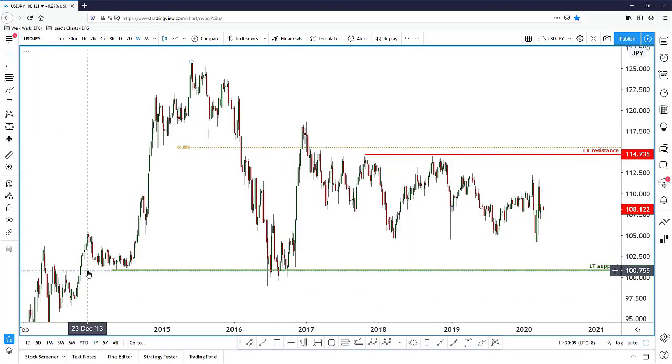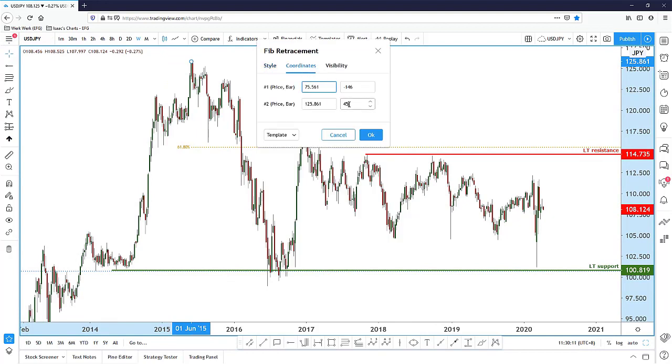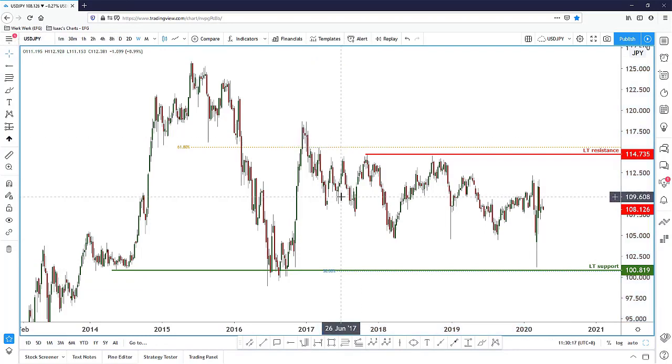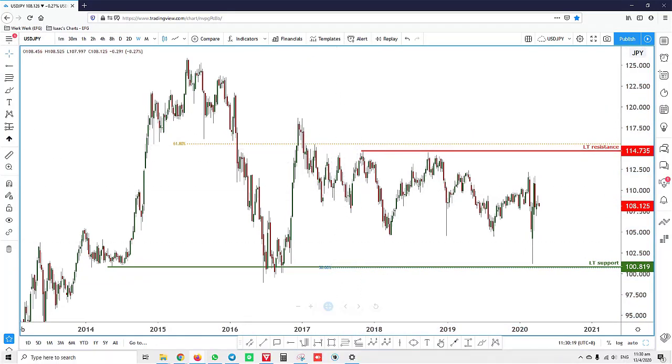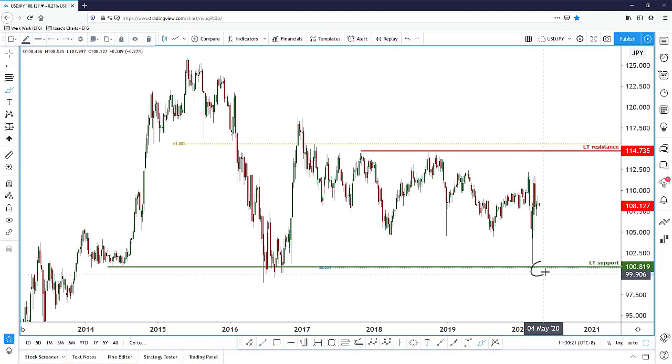Let me tidy this chart up for you guys. Okay, so price made a strong rejection above this long-term support and pushed up here, all the way to this level, right? And then it came back down to this level here.